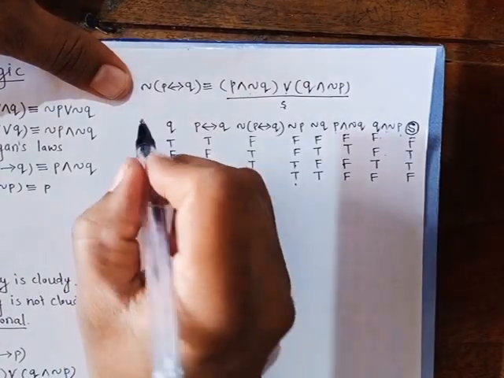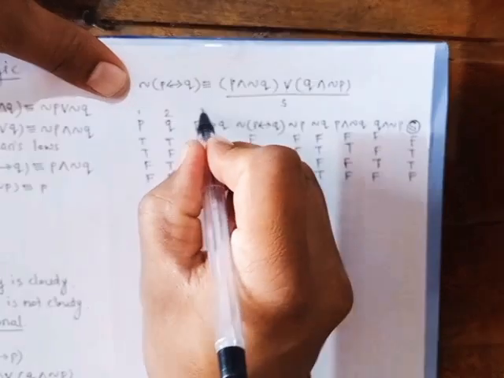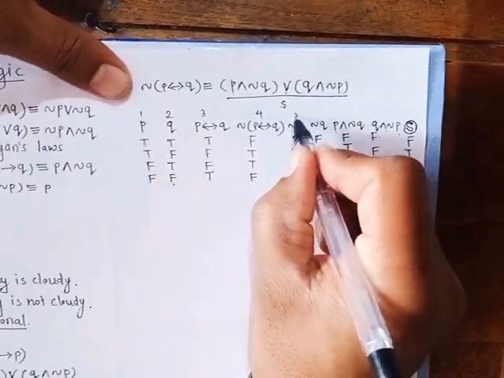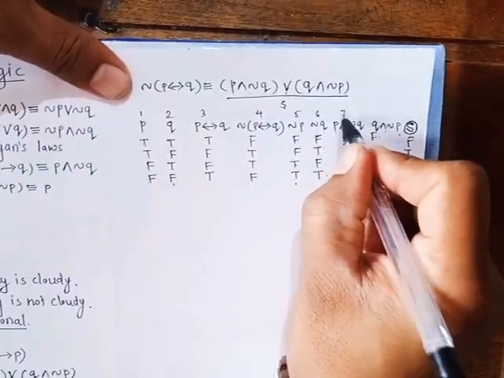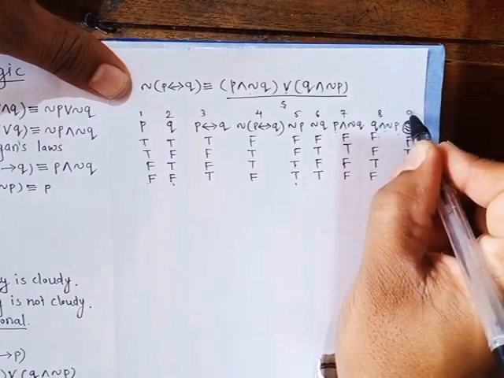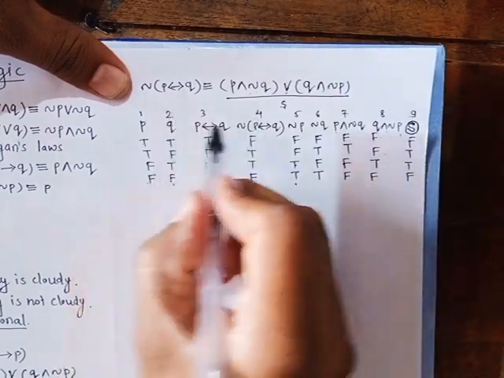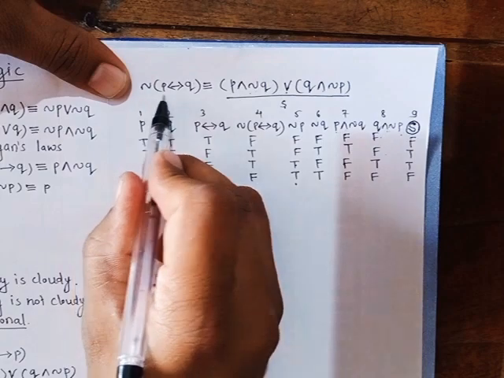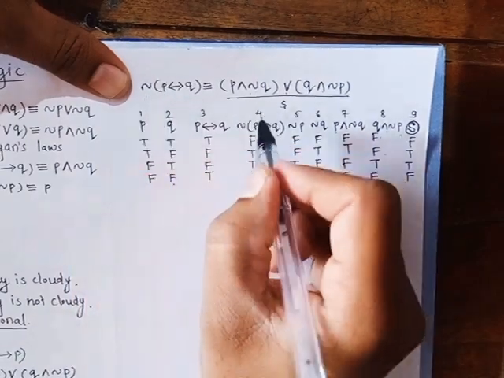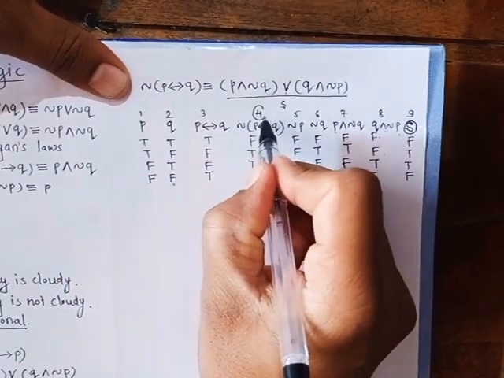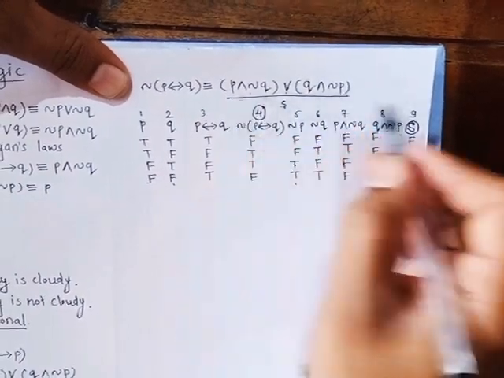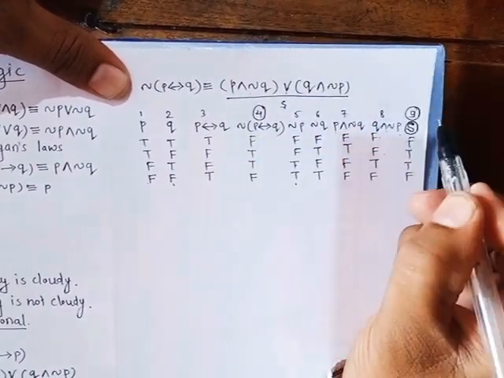Now give numbers to the columns: 1, 2, 3, 4, 5, 6, 7, 8, 9. What is the LHS, negation of P if and only if Q? It is in column number 4, and this statement pattern is in column number 9.